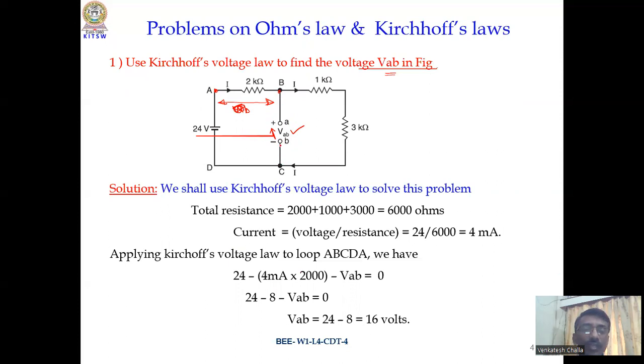As it is shorted, B and C are directly connected through a wire, so B and this capital C are the same. Similarly, this A and capital B are the same. So I can write that VAB is nothing but VBC. Now we can find that. First you can rewrite this circuit like this.